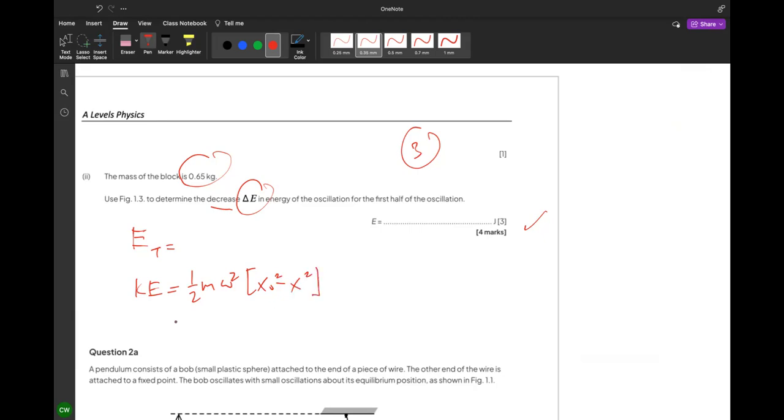S square. So what is the total energy formula? Half m omega square, s naught square. You need to use this one to get the answer. Okay, let's see who can do it. And give me the answer in 3SF.